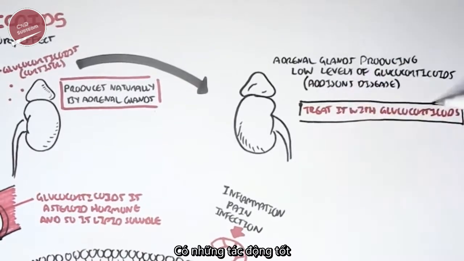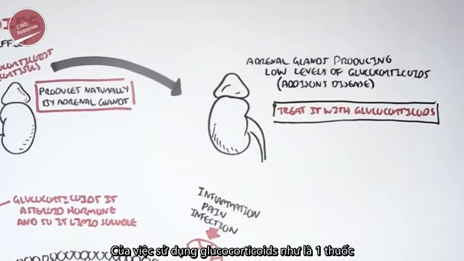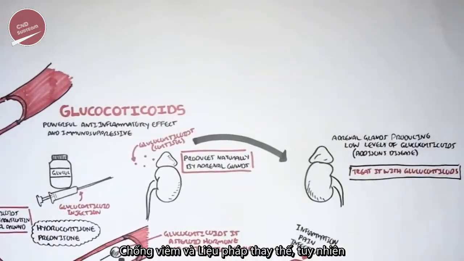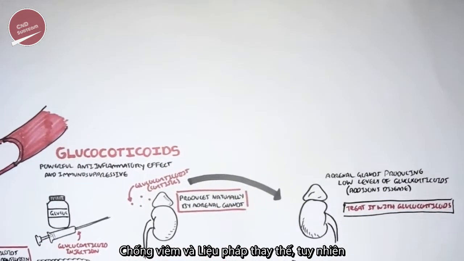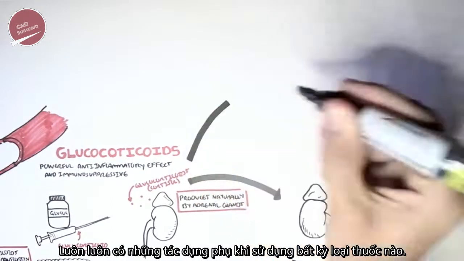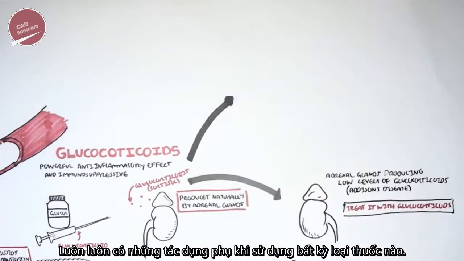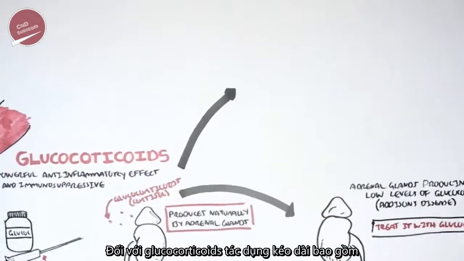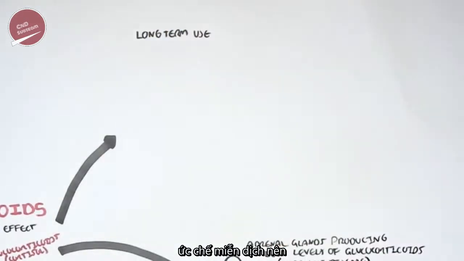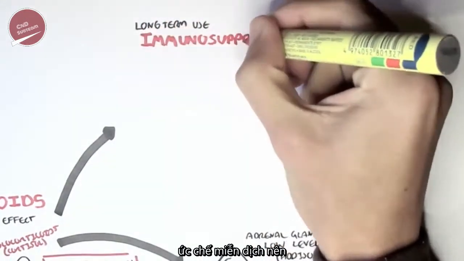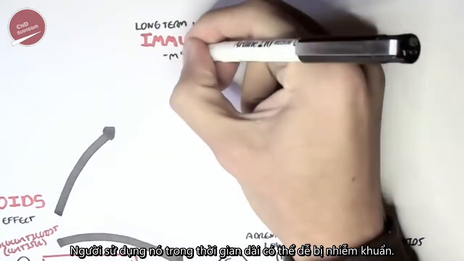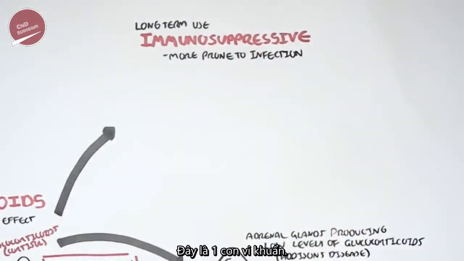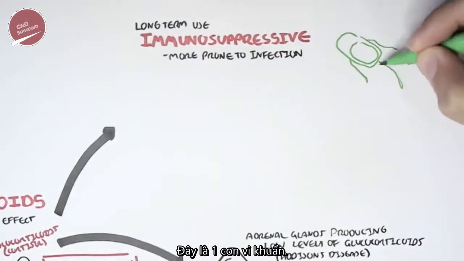Now, those were the good effects, using glucocorticoids as an anti-inflammatory drug and as a replacement therapy. However, there are always side effects with using any type of drug. For glucocorticoids, the long-term effects include immunosuppression, and so a person using it for a long time can be more prone to infection. Here is a bacteria, just as a note.